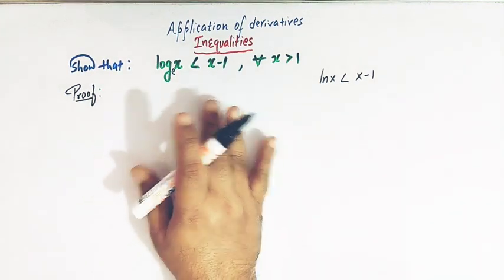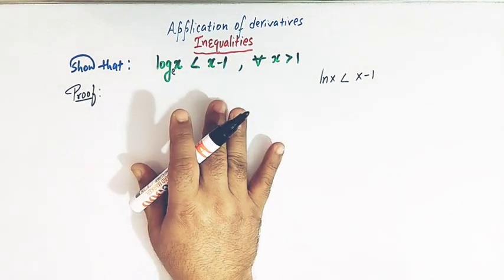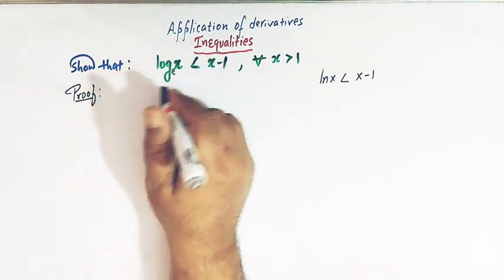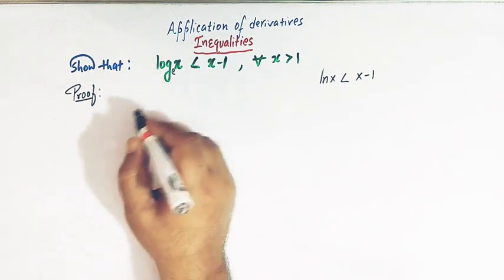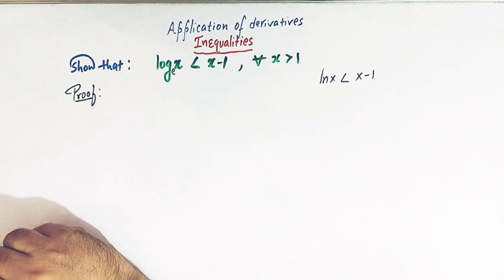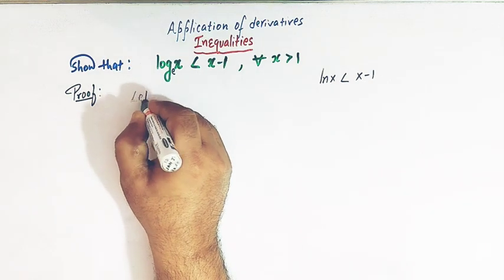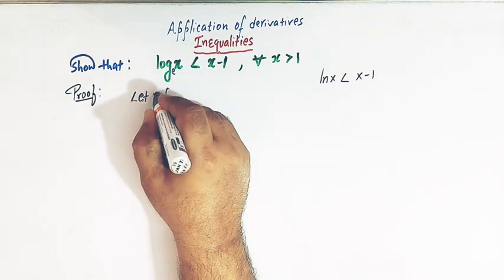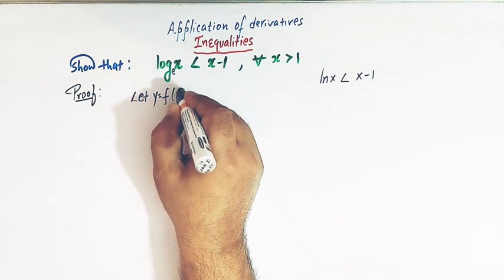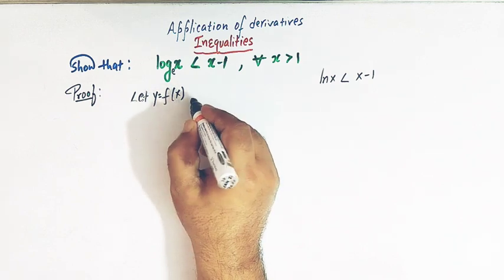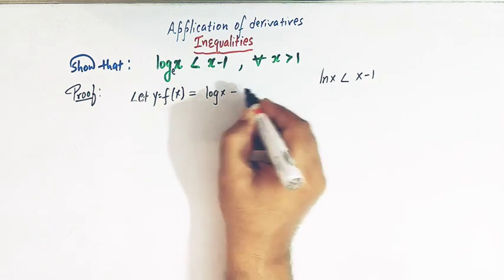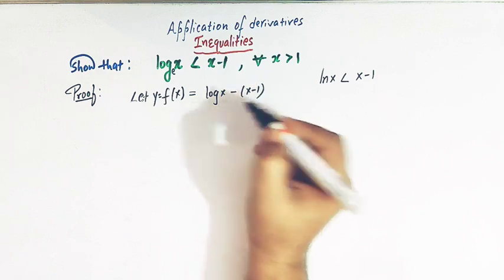Now, in order to prove inequalities of these kinds, what we usually do is assume an appropriate function, say y is equal to f of x, right? And f of x can be taken as the log of x minus x minus 1, right?